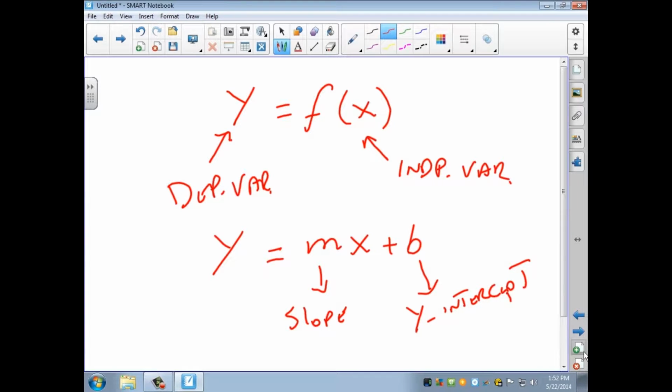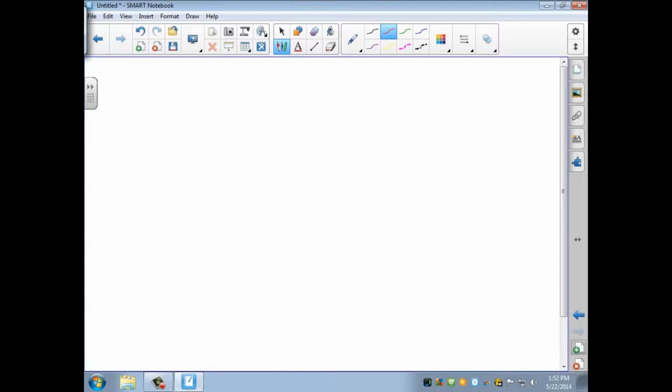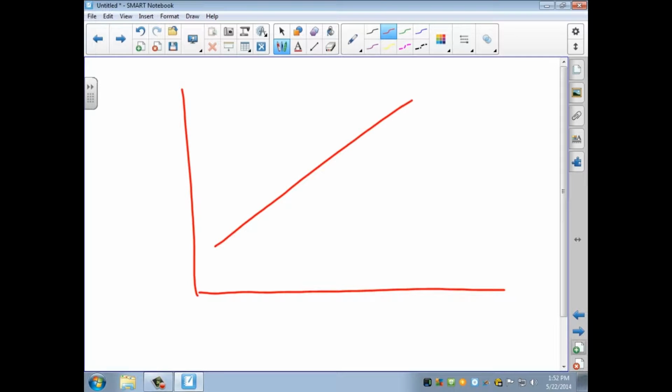If the slope is positive, then when you graph it, you would get a line that is going upward from left to right. So here is your x, here is your y, and L1 has a positive slope.